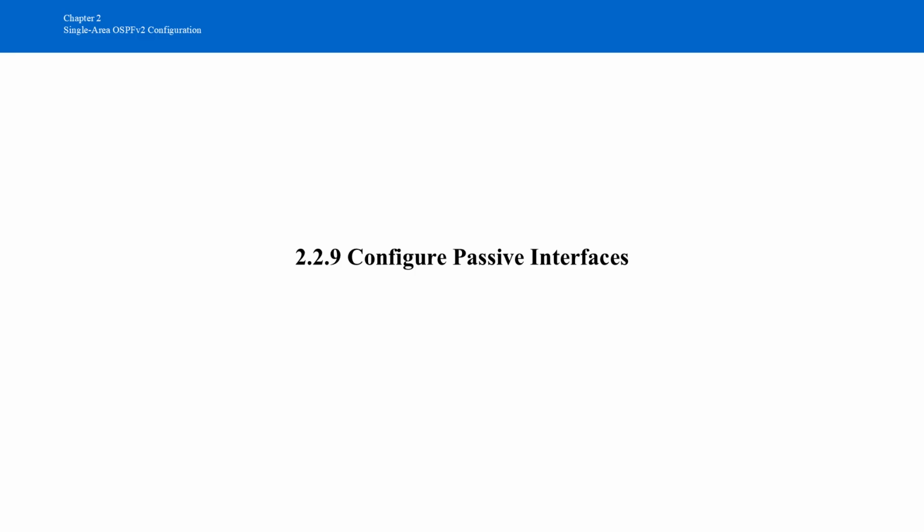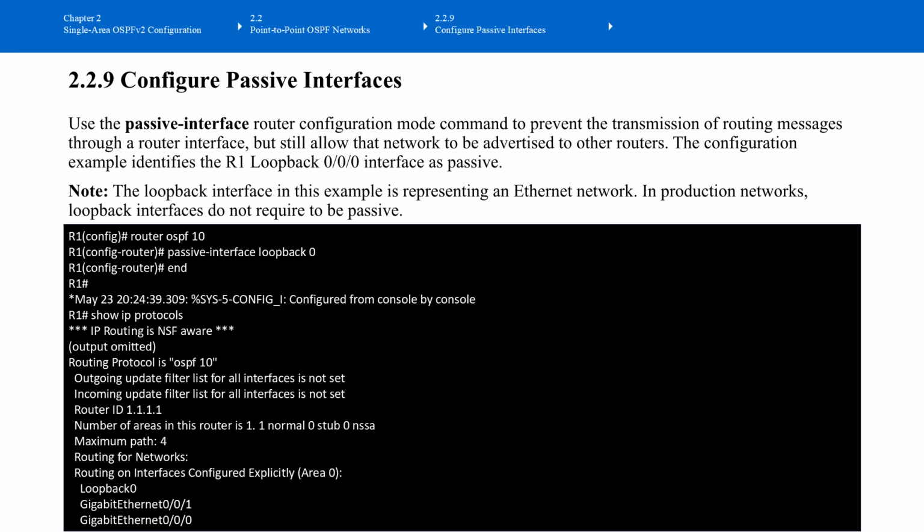2.2.9 Configure passive interfaces. Use passive interface when an interface has no OSPF neighbor. The command can be router OSPF 10, and then you enter passive-interface loopback 0.